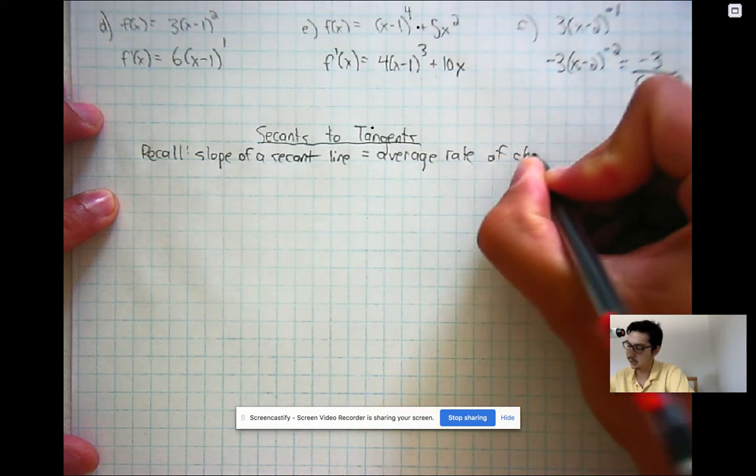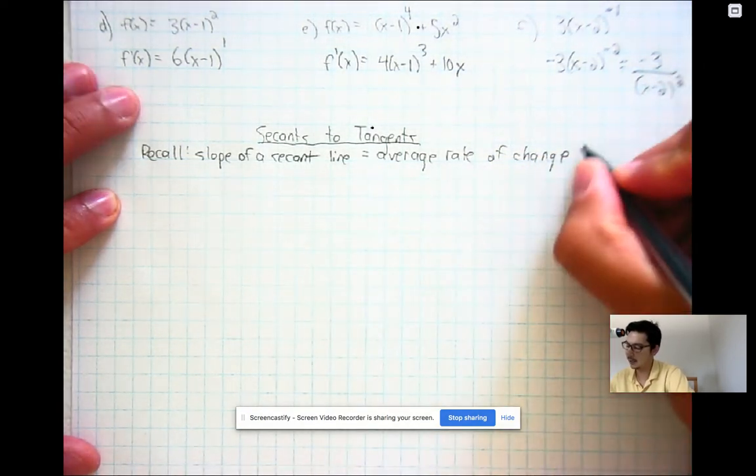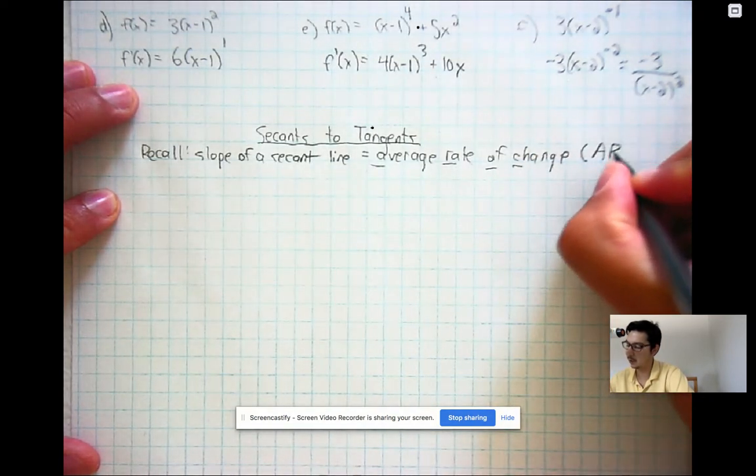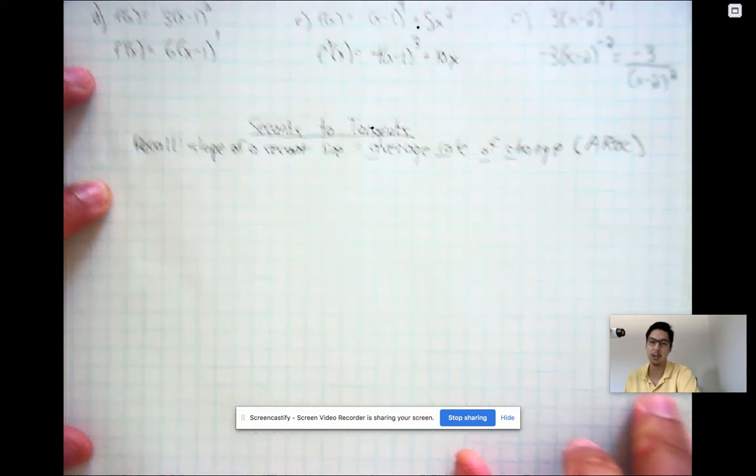And if we just look at the first letter of average rate of change, that's how the acronym AROC comes to be, which we call AROC commonly in this curriculum.